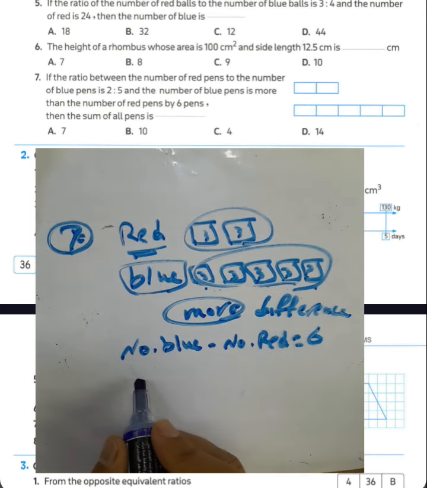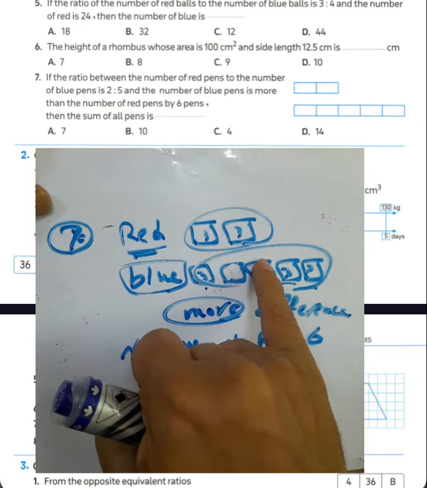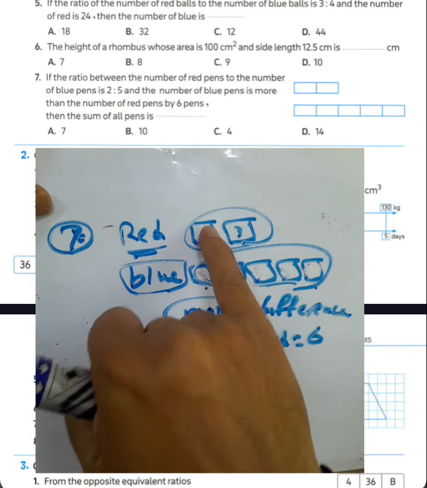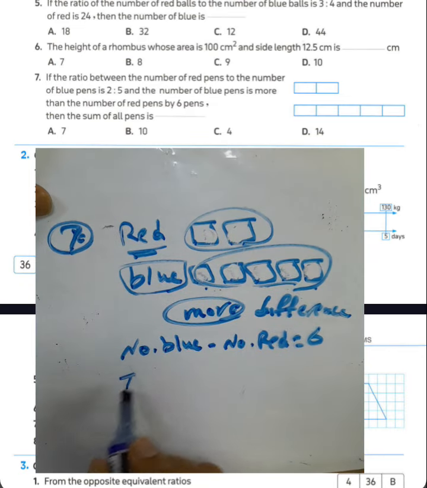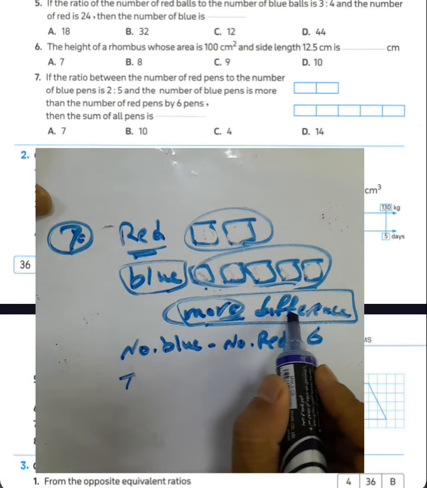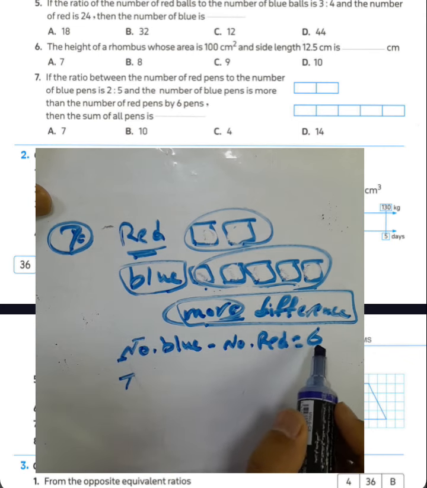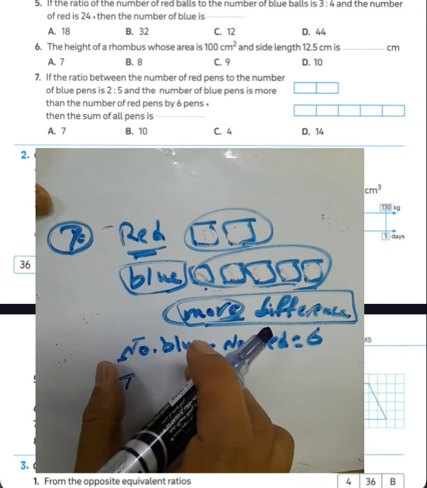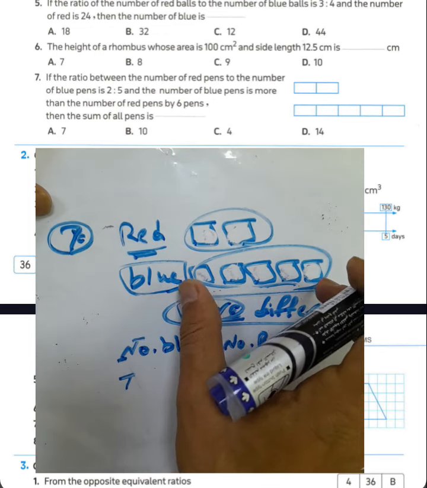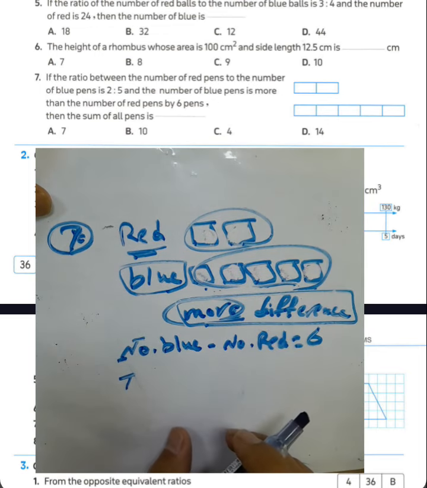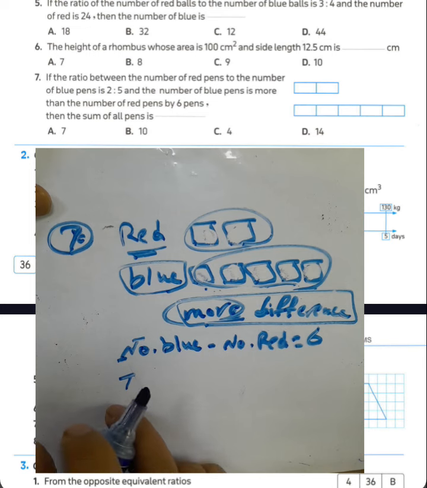Then we can find the value of each box. Again, this word more means the difference. He gives us the number of blue, subtract the number of red was 6. Because we have the ratio between them 2 and 5, then we can write 5 subtract by 2.